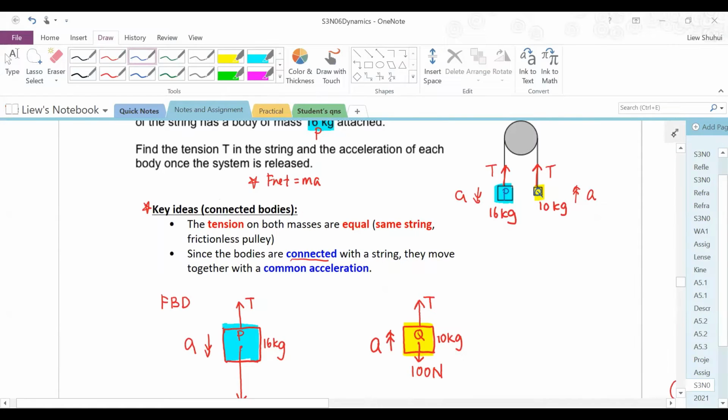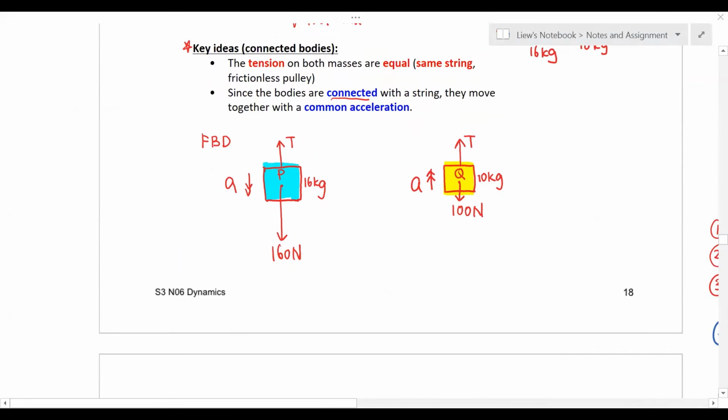Now that we have the free body diagram, we can go ahead and apply Newton's second law on bodies P and Q. Considering body P, since the acceleration is in the downward direction, I'm going to take downwards as positive for body P. F net in the downward direction on P causes the mass of P to accelerate downwards.